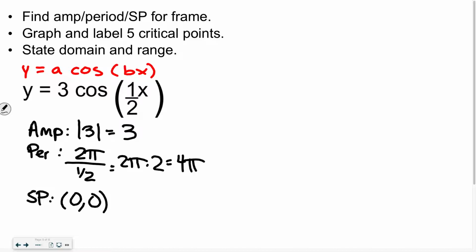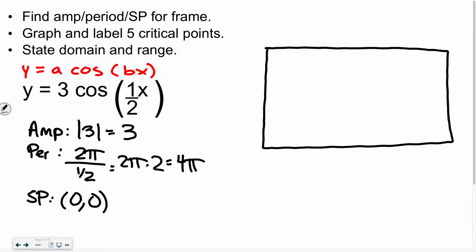All right, now we're going to do part 2, graph and label the 5 critical points. So you're just going to draw a frame. Build the window panes.